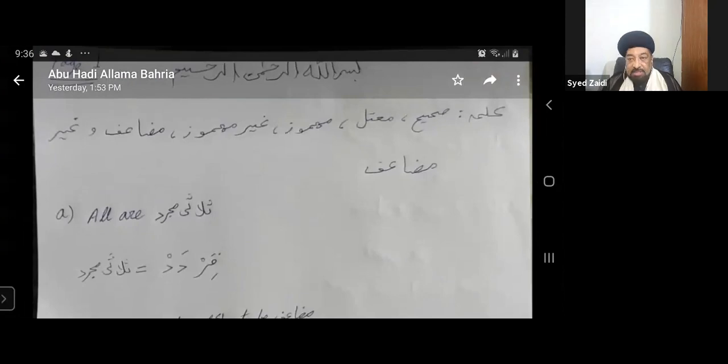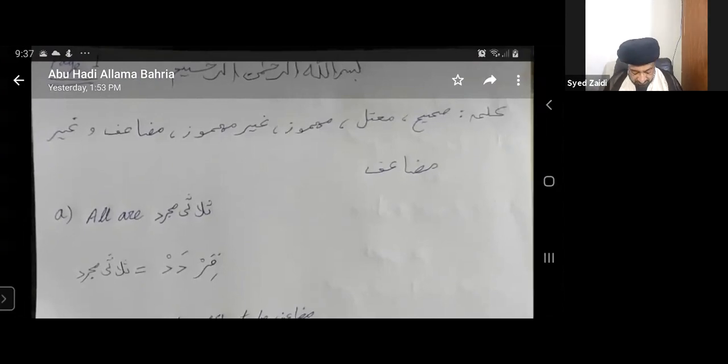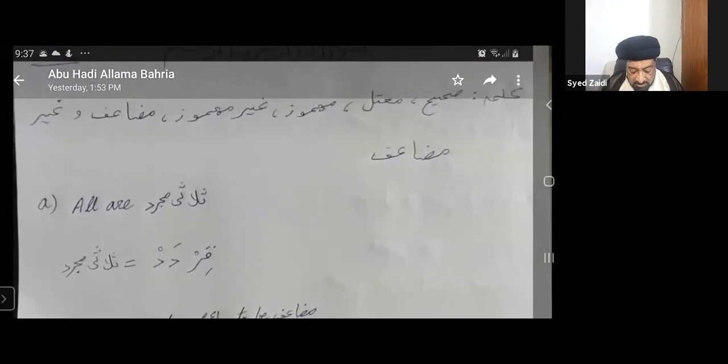Now, if you see a word, dada, over here, there's a point that I want to make, and if you can note it down in your notebook. This is also thulathi mujarrad. Why? For a simple reason.